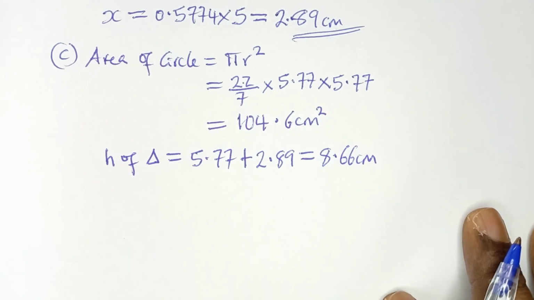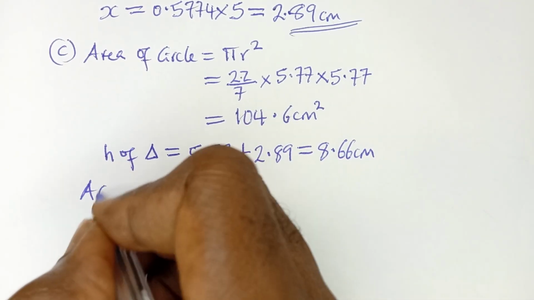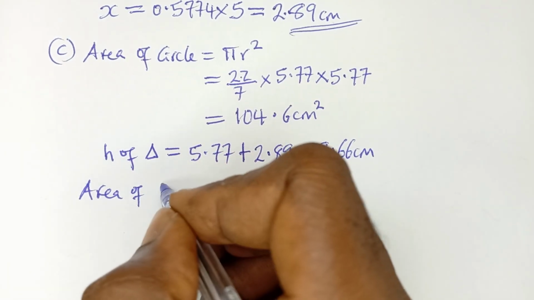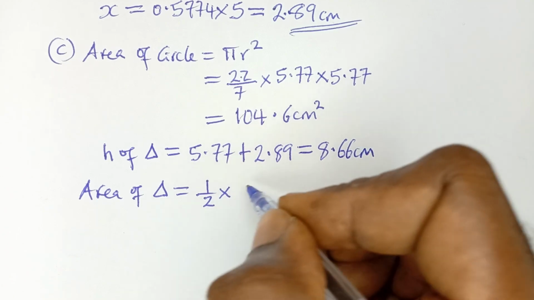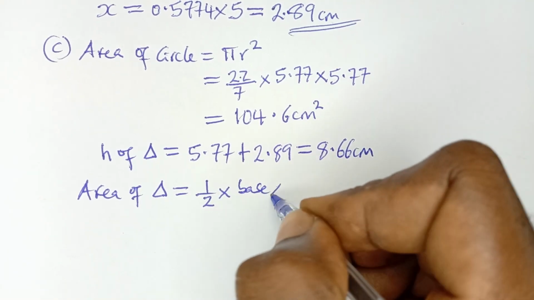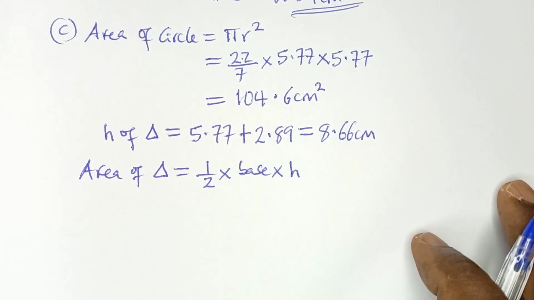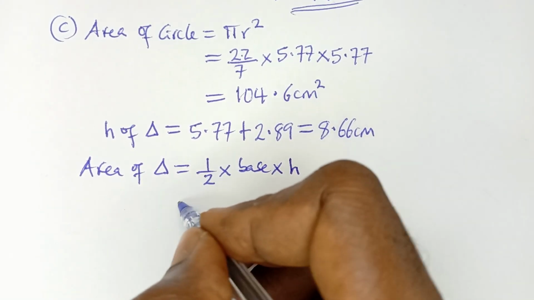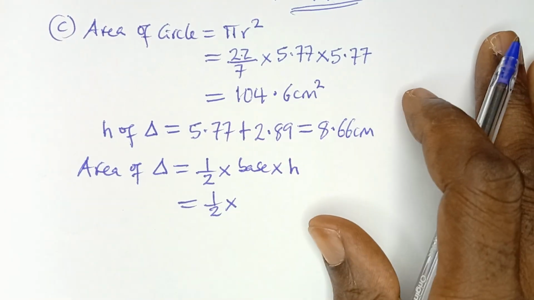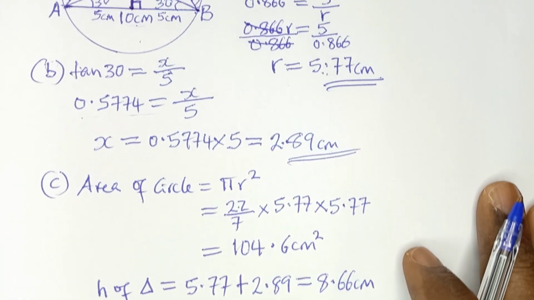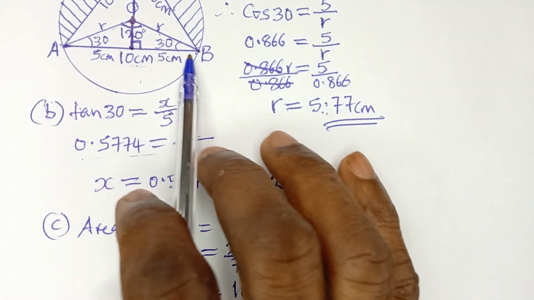Now let's look for the area of the triangle. I want to believe you know the formula for the area of a triangle, and that is half base times height. So that will give us half multiplied by the base of the triangle. We know the triangle is an equilateral triangle, so the base is 10 centimeter. You can see it, this is the base.